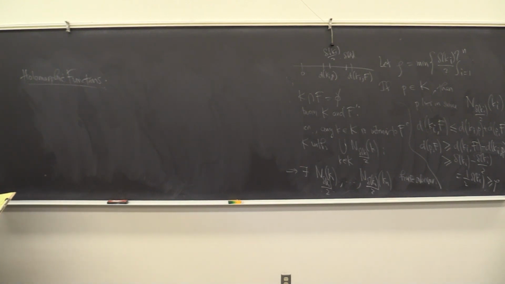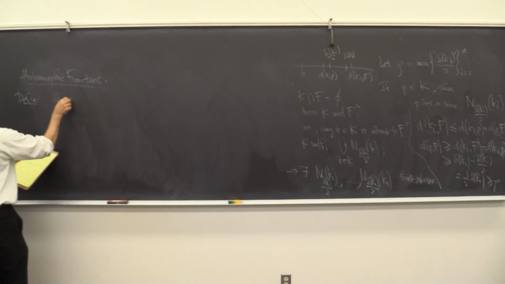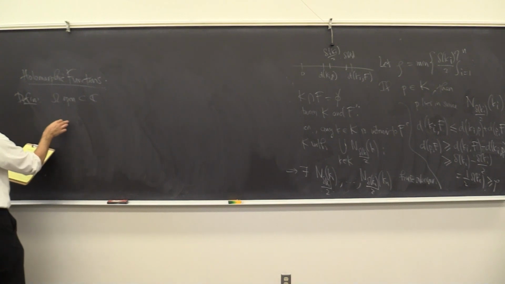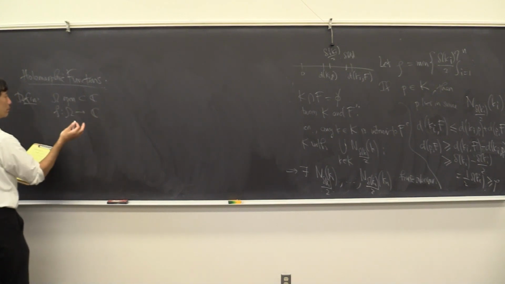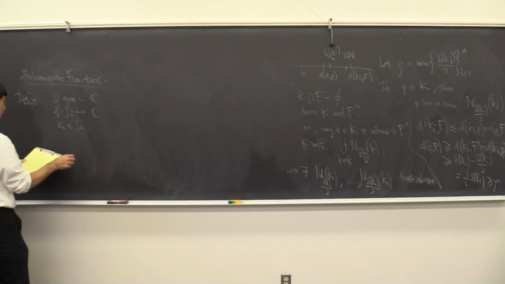So the definition of a holomorphic function is not surprising, maybe even seemingly uninteresting. You have some open set omega inside of C, a complex-valued function f on omega, and some point z naught inside omega.